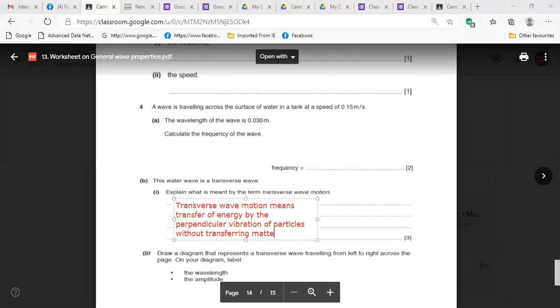So here we only included one thing extra, that is the particles' vibration is perpendicular.